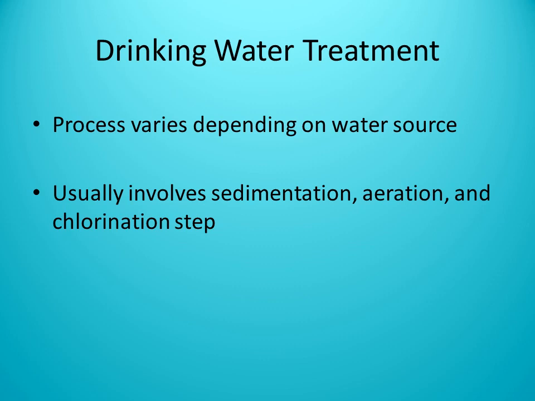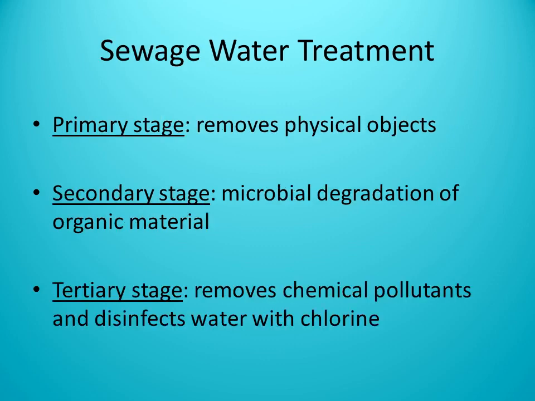Then you're going to use aeration, and then the final step will be a chlorination step. You're going to be monitoring for microorganisms because in the final step, as that water is released from the water treatment facility for drinking water, you want to make sure that there are no pathogens certainly in that water. And so usually you will have chlorination as that final step.